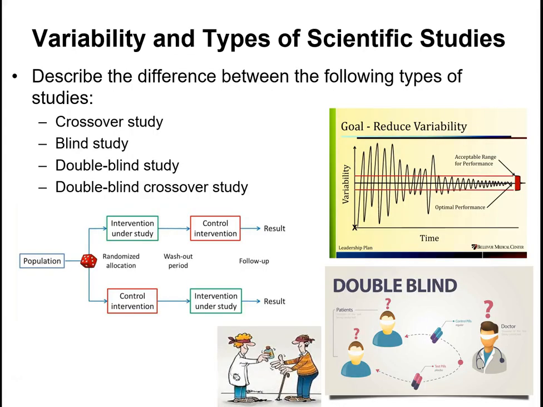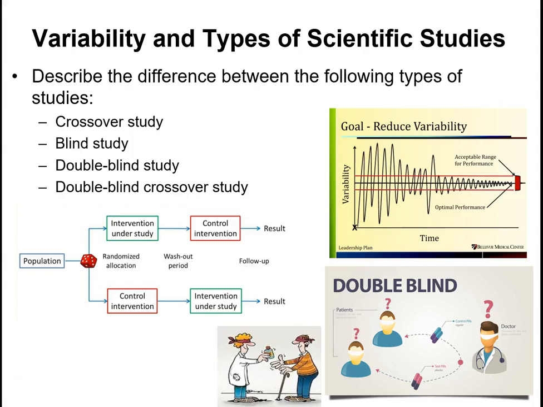All right, so we're going to look at a slightly different aspect of studies now. So variability in different types of scientific studies. Because not every study, not every experiment is created exactly the same, and there are a lot of reasons why we would need to create different types of experiments.